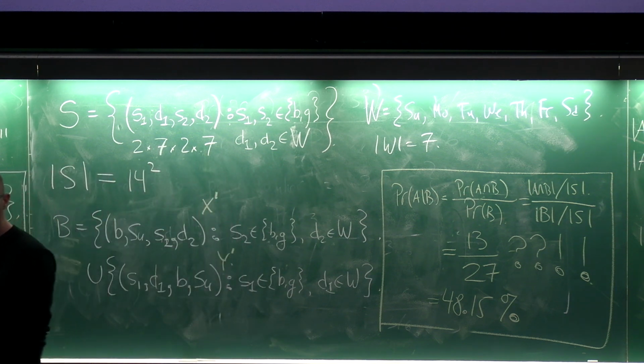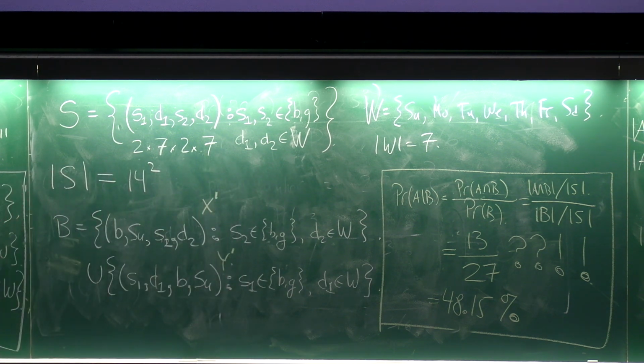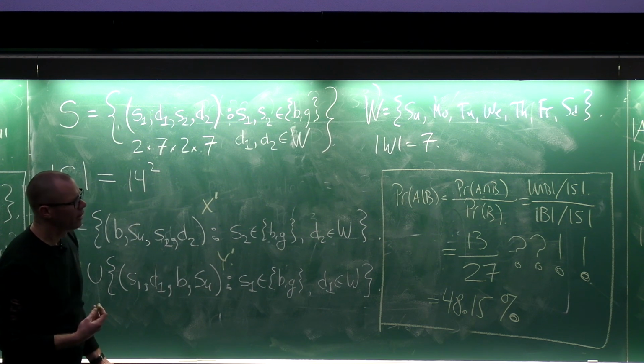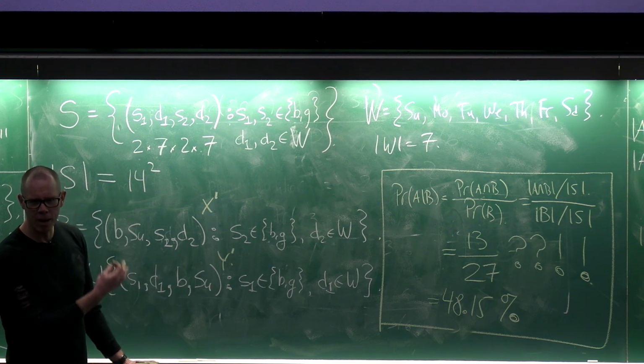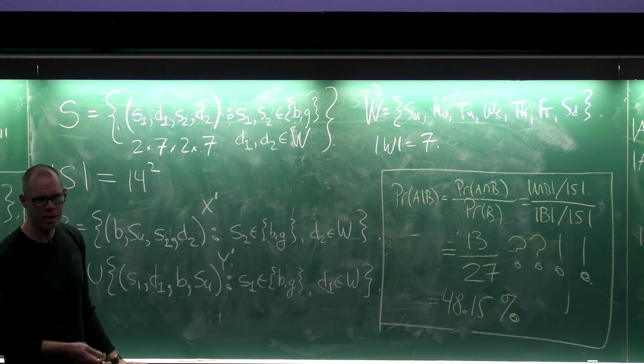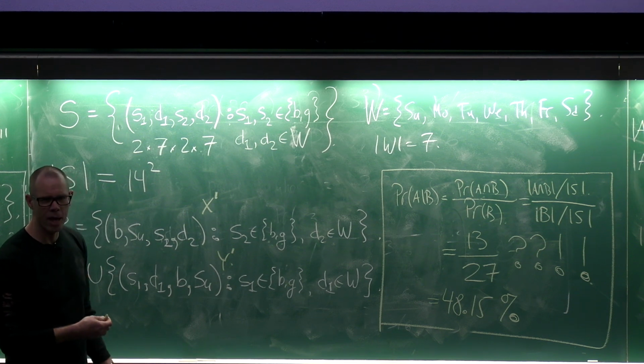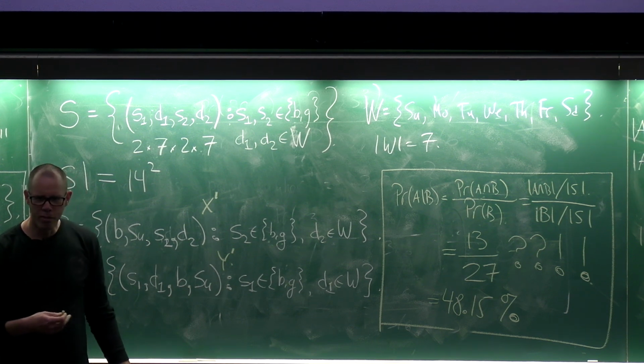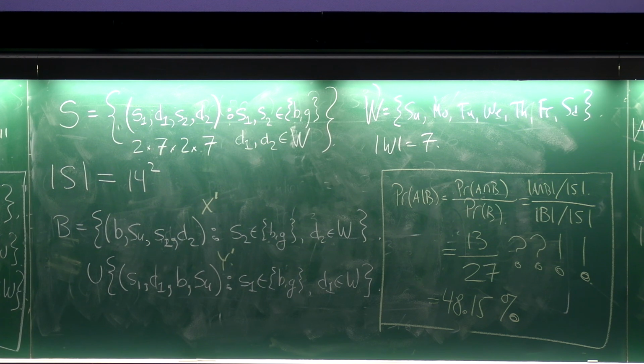A little bit less than a half. Isn't that insane? So I didn't trick you here. I didn't make a miscalculation, and there was nothing like that. This is not some sleight of hand trick. This is just the answer.